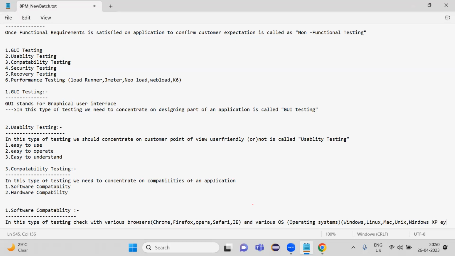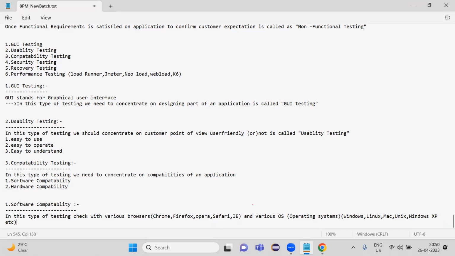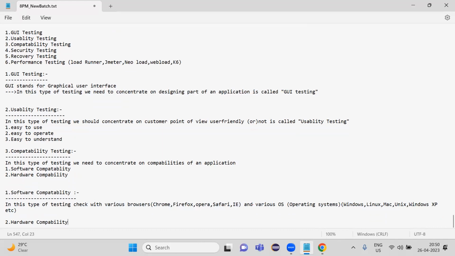These are the different types of operating systems we are having. Is it clear, guys? We have to check with various operating systems. Mostly we won't check all of them; in real time we will check with one or two browsers. That also depends upon our customer.